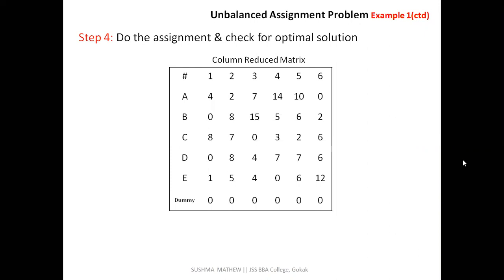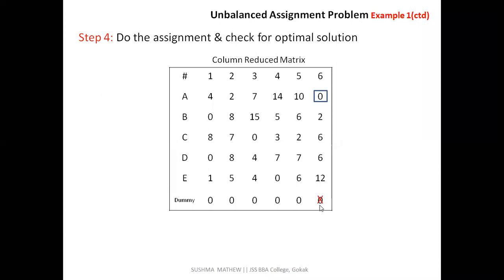See, the rule of the assignment says row wise, go on checking for a single zero. Now first I will check in A row. Is there a zero in A row? Yes, there is a zero. Now make an assignment there, and check for a subsequent zero in that particular column. Under the sixth column, is there any zero? Yes, there is a zero down. You will have to cross mark that.